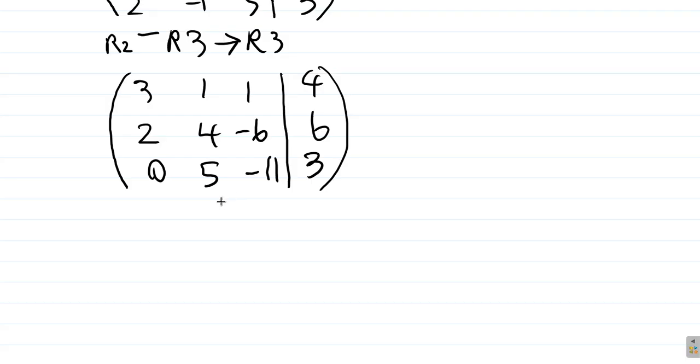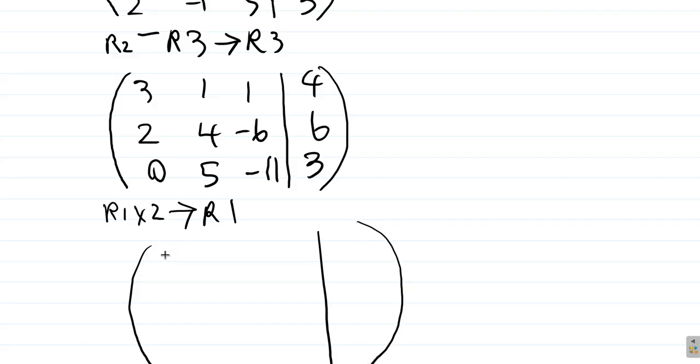We want to make, suppose we multiply row 1 by 2 to make a 6 here, and row 2 by 3 to make a 6 here. Then we would take this 6 and this 6, subtract them and get a 0 above this. So we want row 1 multiplied by 2 to lead to a new row 1. Let's do that here. If we multiply row 1 by 2, we would have 2 3s are 6, 2 1s are 2, 2 1s are 2, 2 4s are 8, alright?